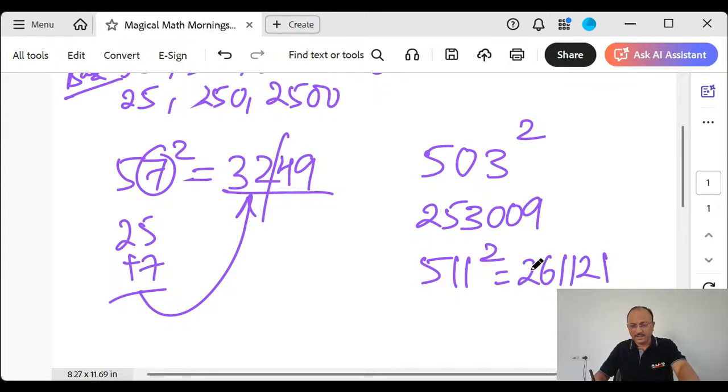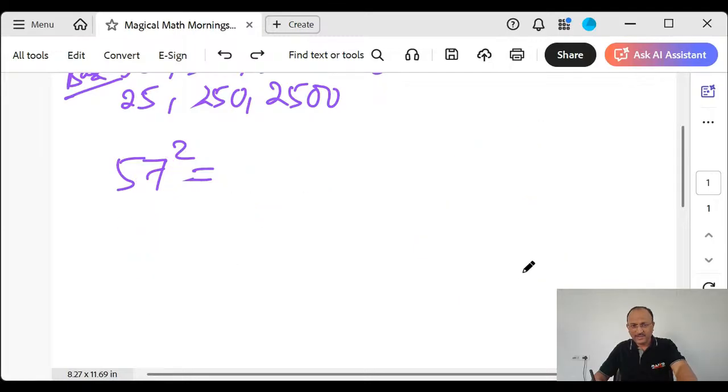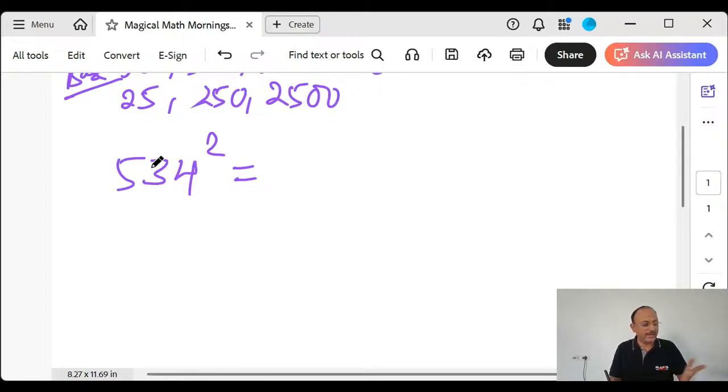Let's take one bigger number, maybe 534 square. Here we have to make a little effort for finding the 34 square. First, 250 plus 34 we'll write.